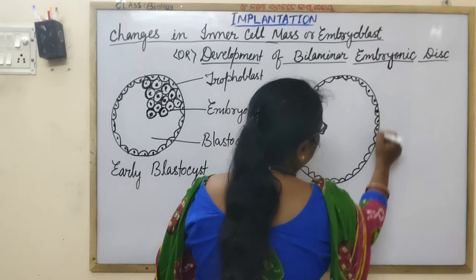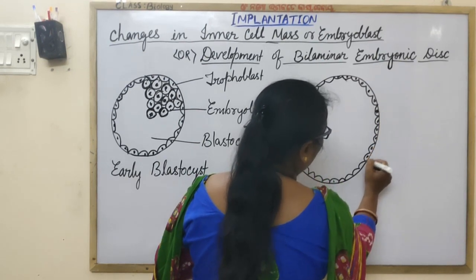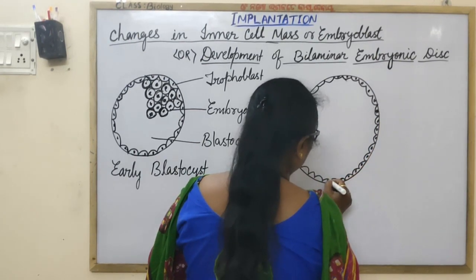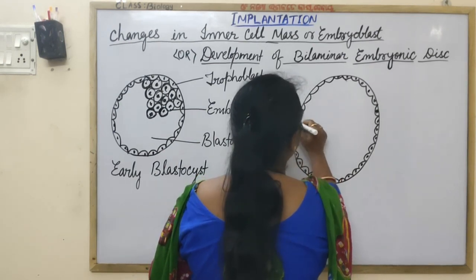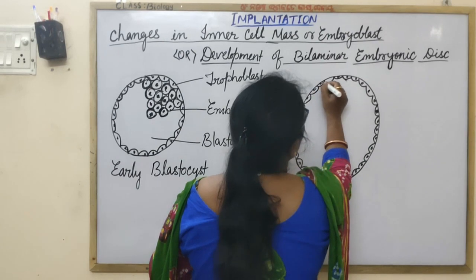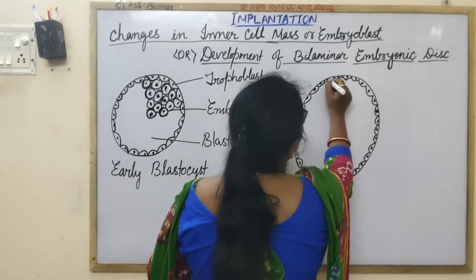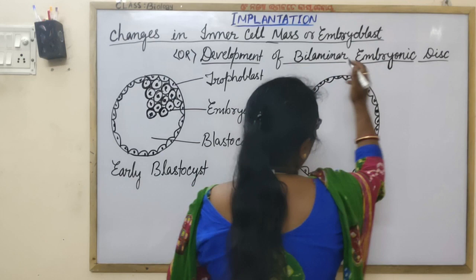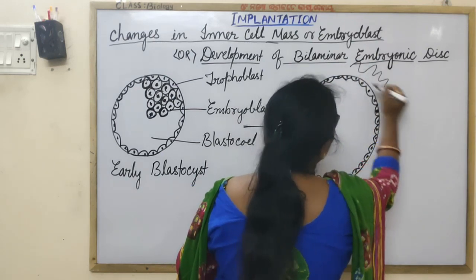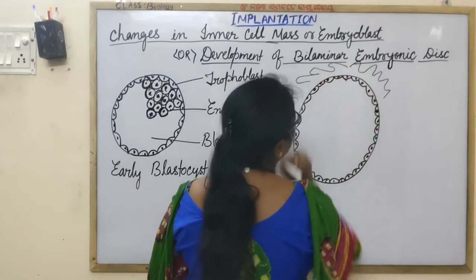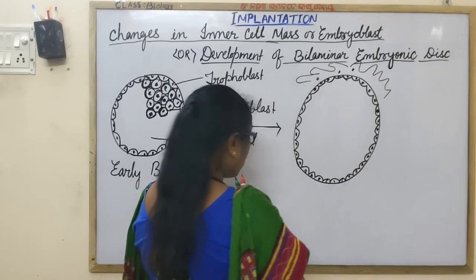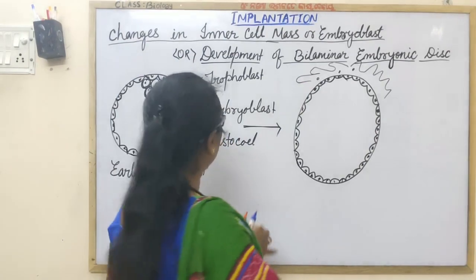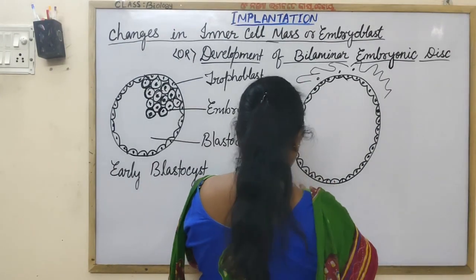This is the cytotrophoblast. By this time the trophoblast is differentiated into two, the inner cytotrophoblast and the outer syncytiotrophoblast. Then what happens? Let us focus on what happens to the inner cell mass.